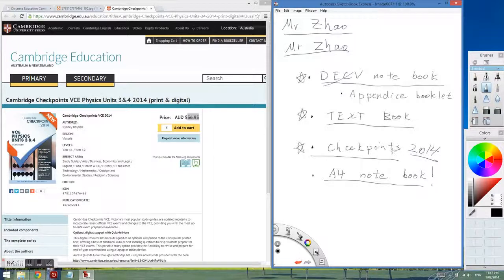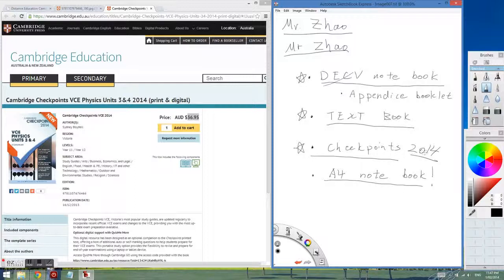During the year, if you're doing your Checkpoints questions and have any questions, you can email us. For example, "Mr. Zhao, I have a question. Can you go through question 5 in Checkpoints?" Then I look at my Checkpoints and know which question you're talking about.